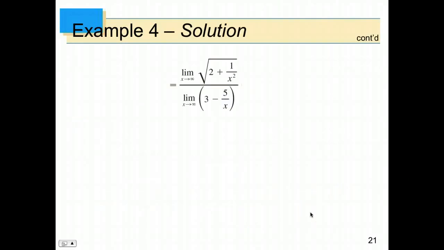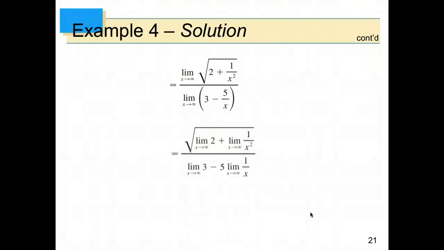Now that gives us, using that quotient rule again, the limit as x goes to infinity of radical 2 plus 1 over x over the limit as x goes to infinity of 3 minus 5 over x.